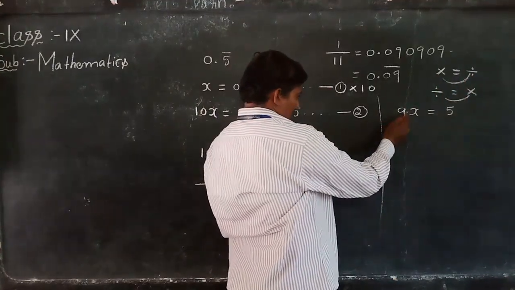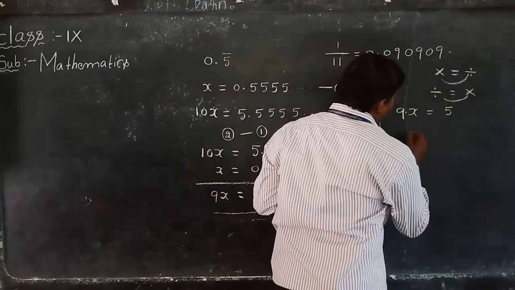Because of that, here multiplication by 9 going to the other side means divided by.